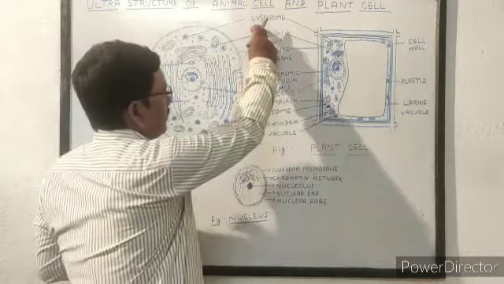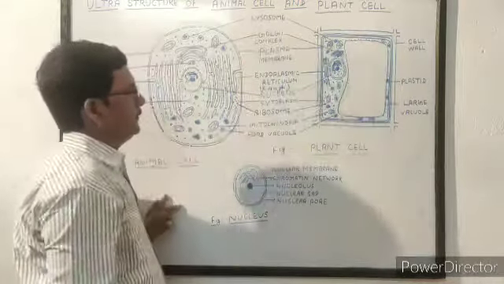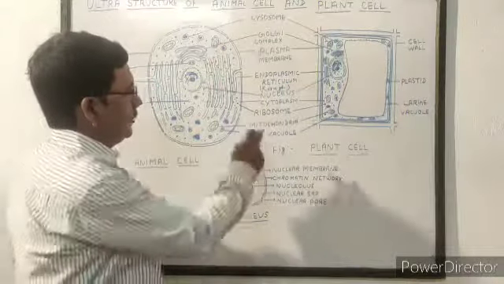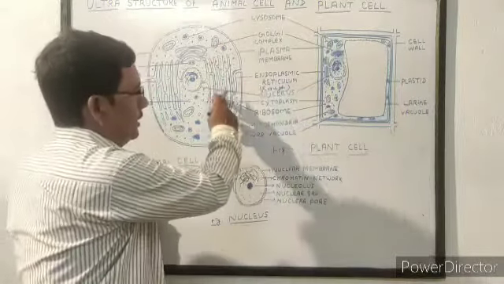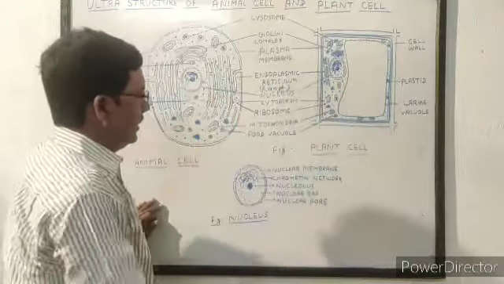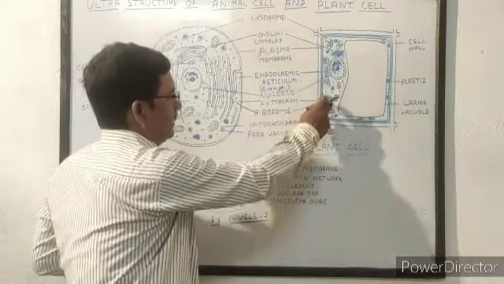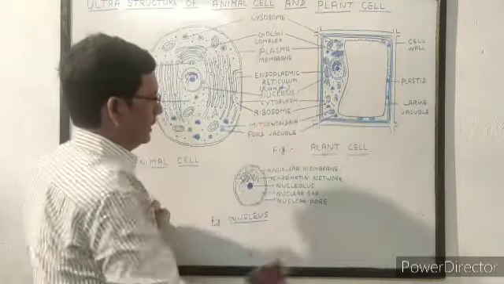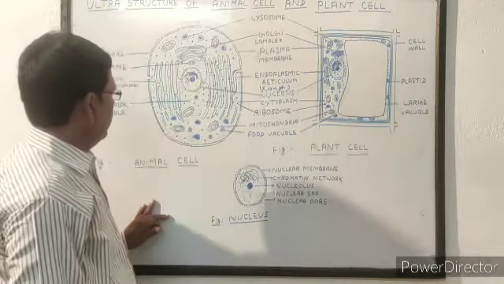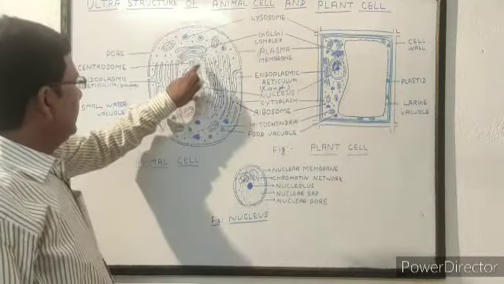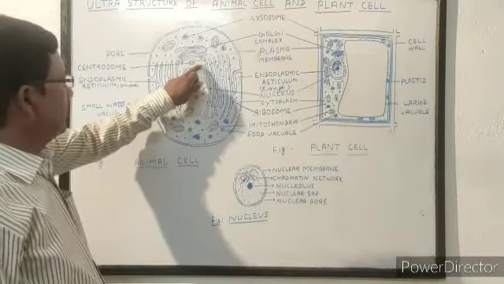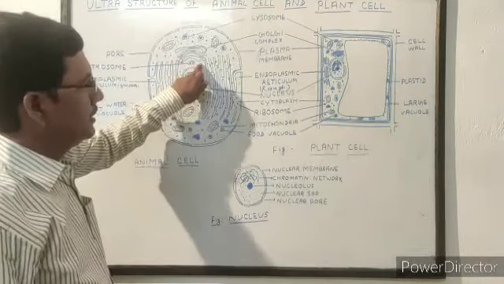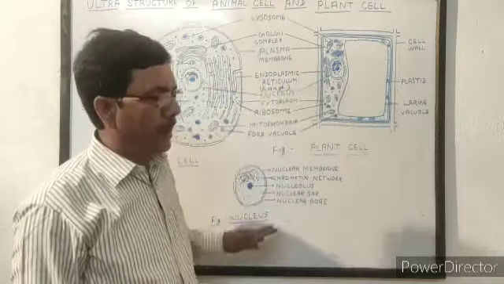That means lysosome present both in plant cell and animal cell, Golgi complex present both in plant cell and animal cell, endoplasmic reticulum present both in animal cell as well as in plant cell, ribosomes present both in animal cell and plant cell, mitochondria present both in plant cell and animal cell, but only one cell organelle, that is centrosome, present only in animal cell but centrosome absent in plant cell.